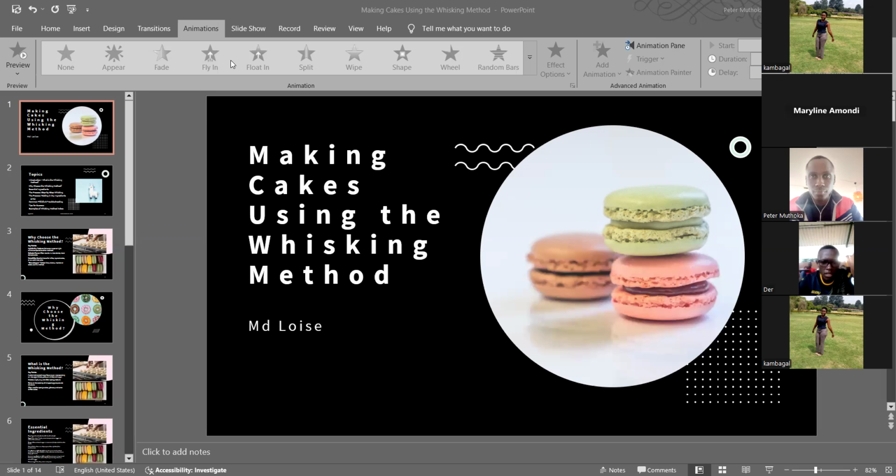We are discussing making cakes using the whisking method. As we previously discussed the cake making methods, we could see different making methods. Now we are looking at the whisking.